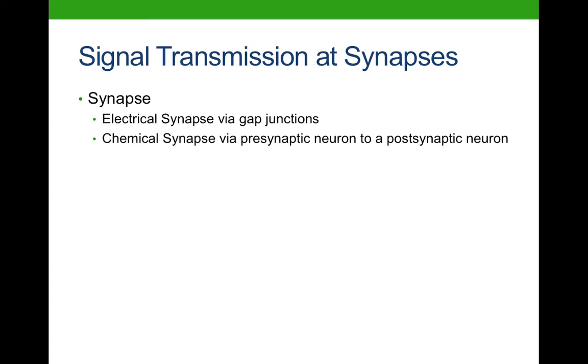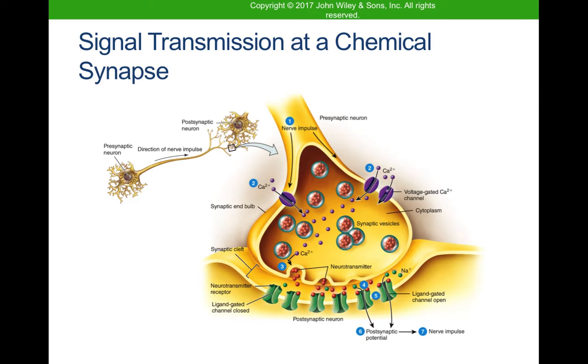Chemical synapses have a one-way information transfer from presynaptic neurons to a postsynaptic neuron. So this will occur as a one-way transfer only. Here we show the chemical synapse.